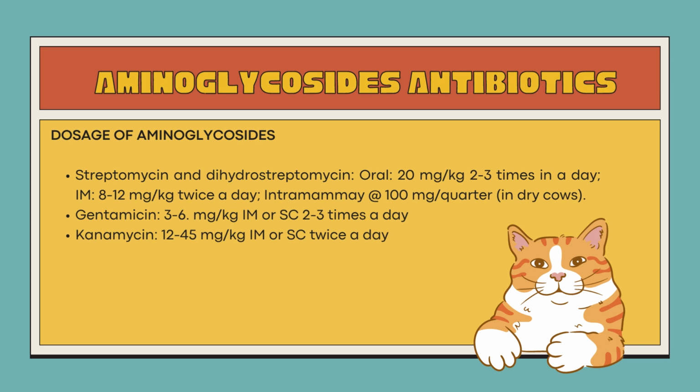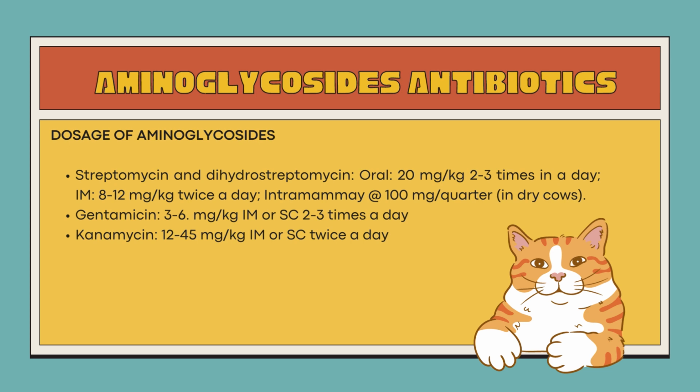Now, in this slide, we have the dosage of aminoglycosides. For streptomycin and dihydrostreptomycin, we have oral intake at 20 mg per kilogram 2 to 3 times a day, and for intramuscular, 8 to 12 mg per kilogram twice a day. For the intramammary route of administration, we have 100 mg per quarter in dry cows. For gentamicin, we have 3 to 6 mg per kilogram intramuscularly or subcutaneously 2 to 3 times daily.